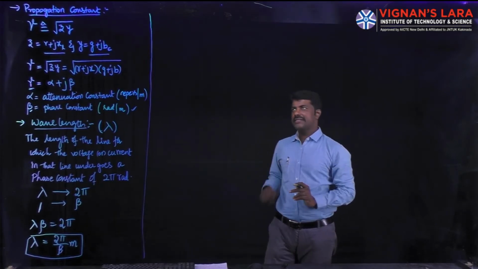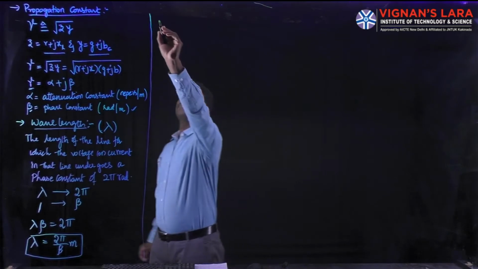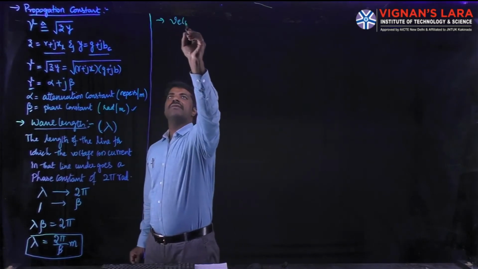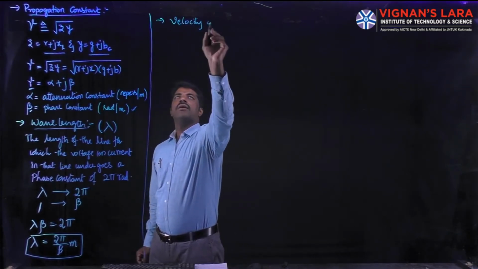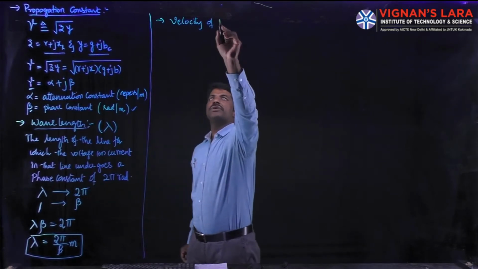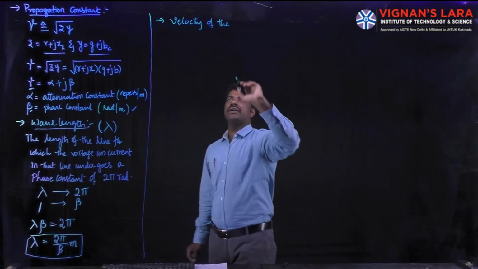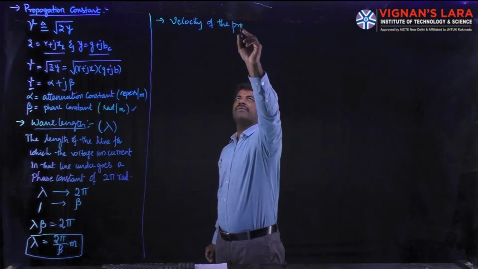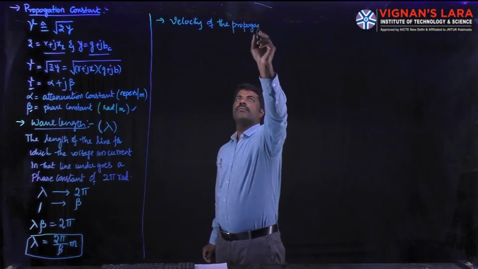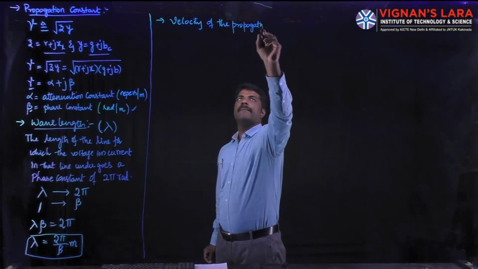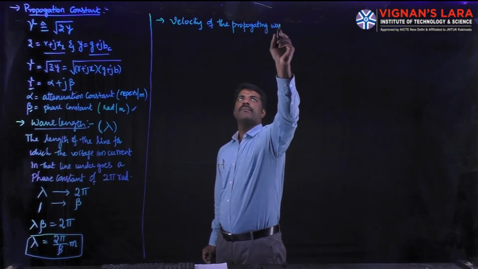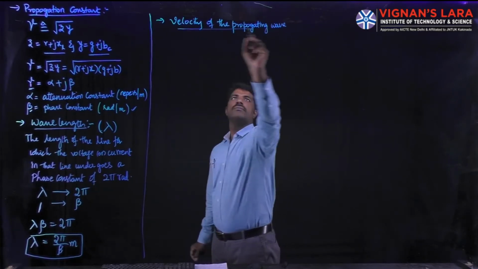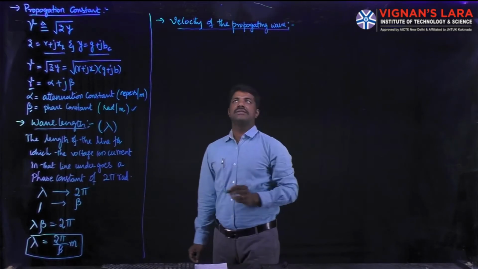And now let us see what is the velocity of the wave which is propagating. Simply we call it the velocity of the propagating wave. This is our next concept.